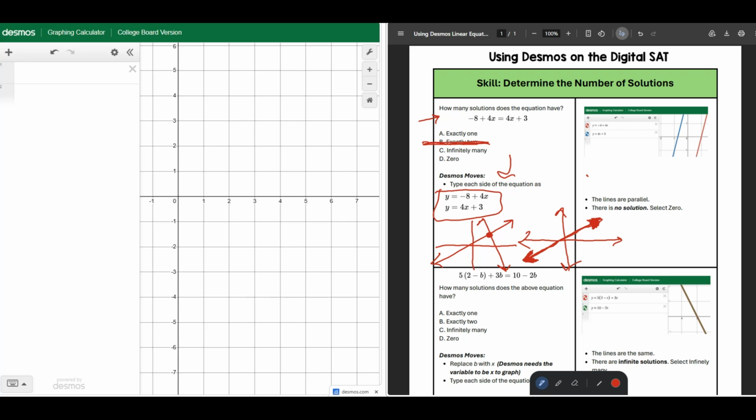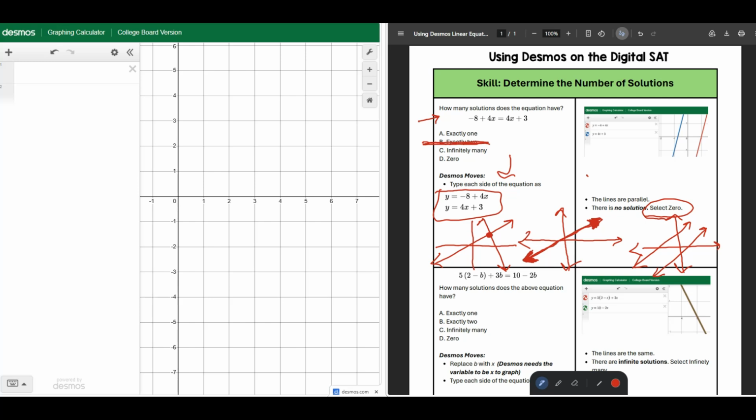And then the last option is that when you graph the left side and the right side, you will have parallel lines. And if you have parallel lines, then there is no point in common. So that means that you have no solution, and that would be 0. So you would select 0 as your choice if you have parallel lines.